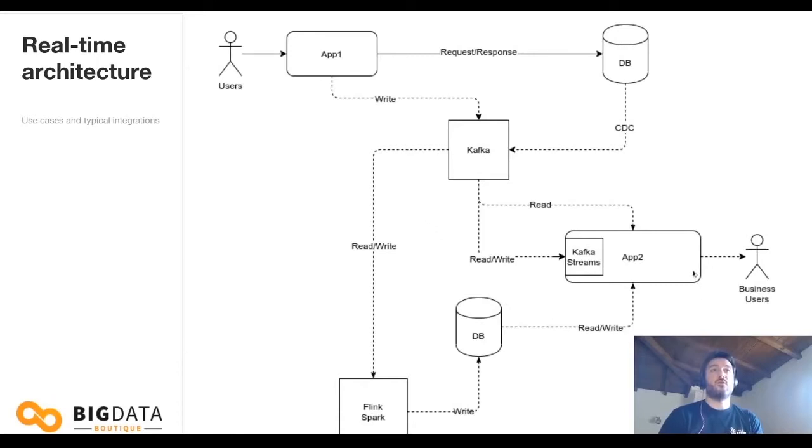For example, if we have a reporting application like app2 here, it can read directly from Kafka or from the database the events processed by Flink or Spark, to update dashboards for our business users. That's just an example, but it's a quite typical architecture.